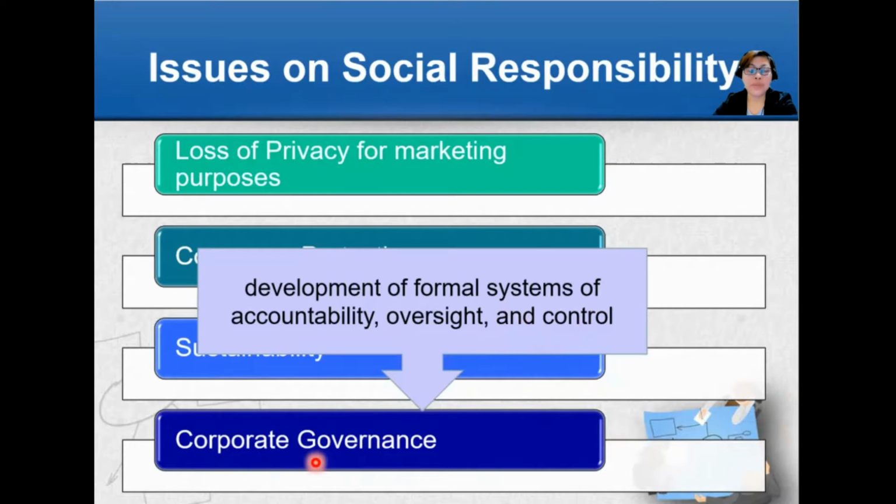Additionally, firms with strong corporate governance mechanisms, okay, so that prompt them to disclose their social responsibility initiatives can establish legitimacy and trust among their stakeholders. Okay, when we say stakeholders, they are all the people concerned in the business, the owner, the employees, the investors, the customers, and the like.